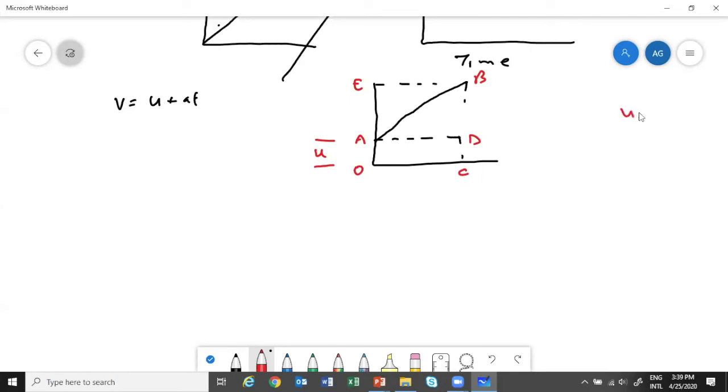So here U is not zero, right? We have to derive this formula.